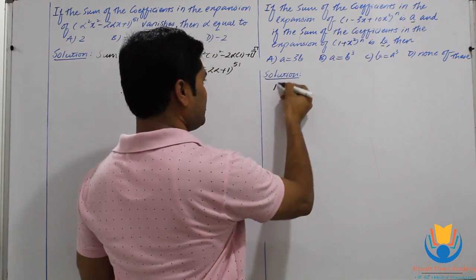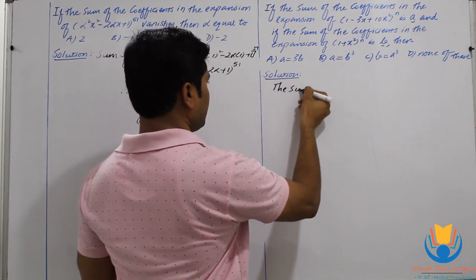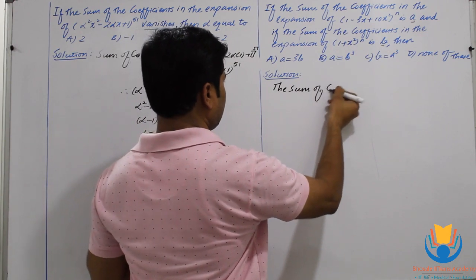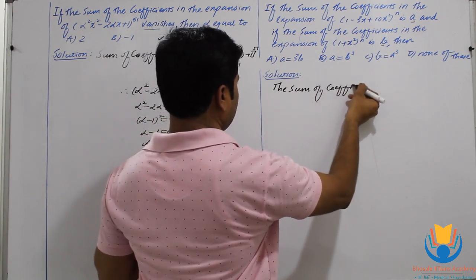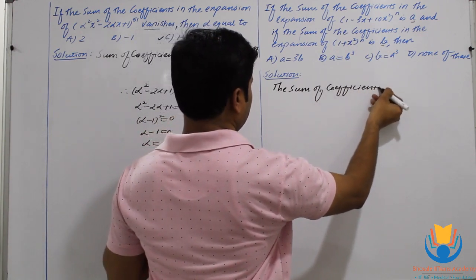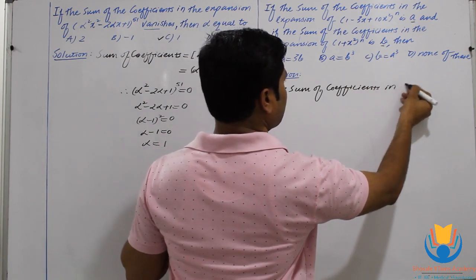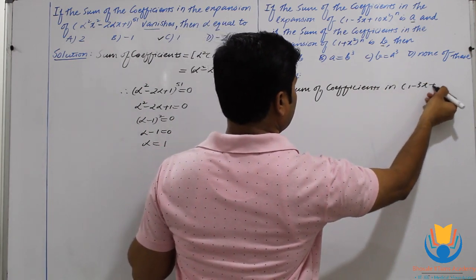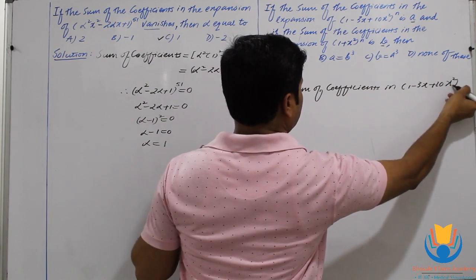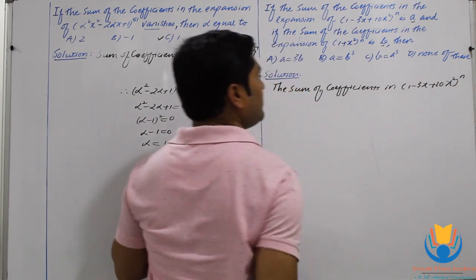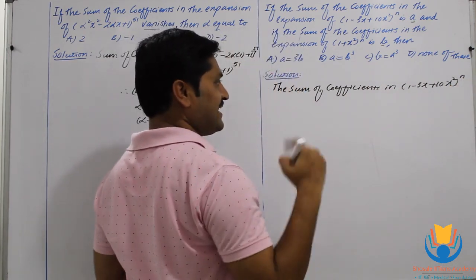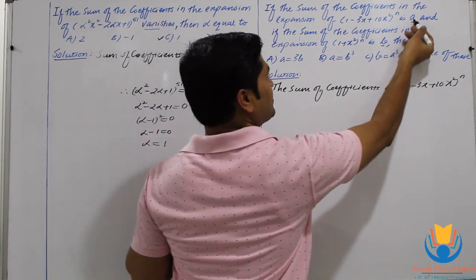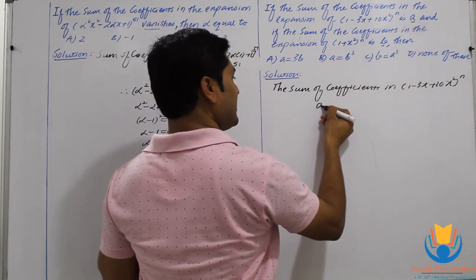So let's find the same. For finding the sum, again we will put the value of x to be 1 here, but that sum is given to be a, so let's write that sum as a.